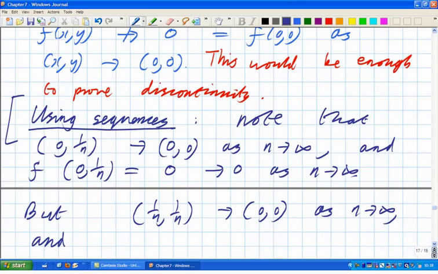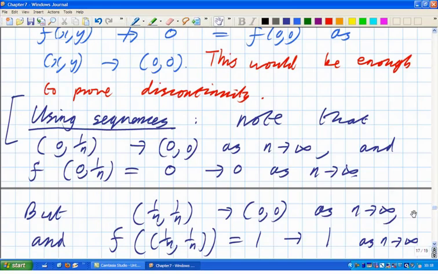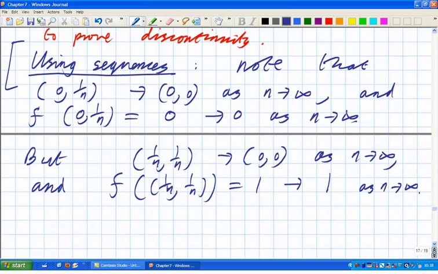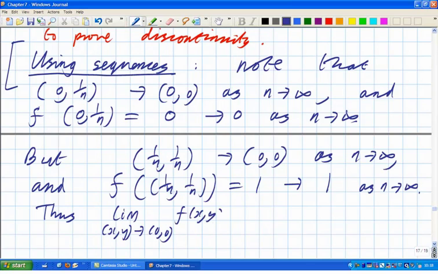But 1 over n, 1 over n also tends to 0, 0. And that one's coming in along y equals x. So f of 1 over n, 1 over n is equal to 1 throughout, which tends to 1 as n tends to infinity. So this again shows two different ways to approach the origin, giving different limits.